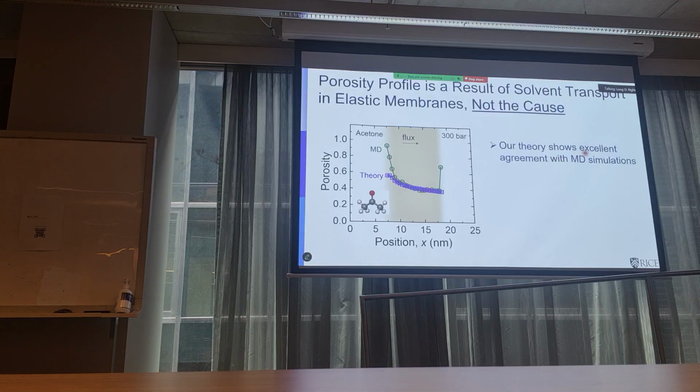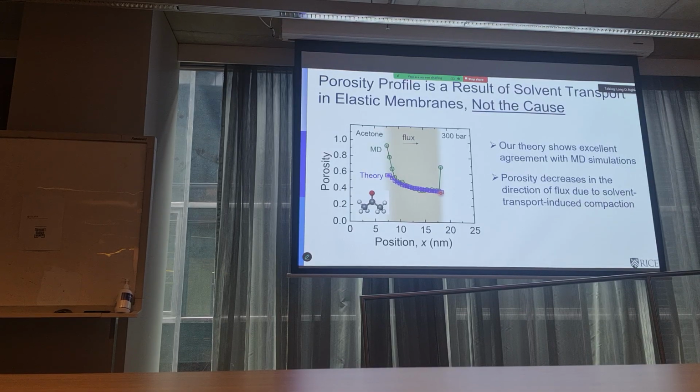So our theory shows excellent agreement with MD simulations. Porosity decreases in the direction of flux due to solvent transport-induced compaction. Compaction always increases as you go farther, because the compaction pressure increases. It's always the applied pressure minus the pressure of the solvent inside the membrane.